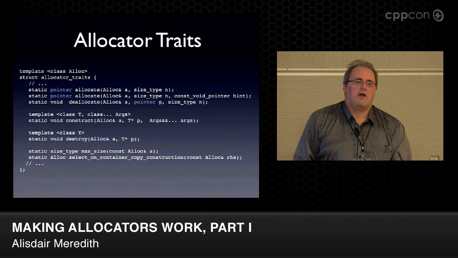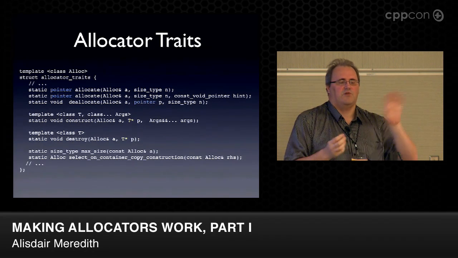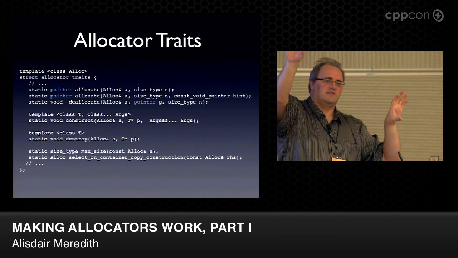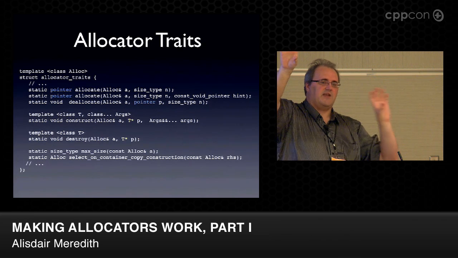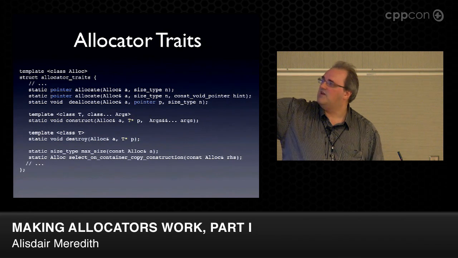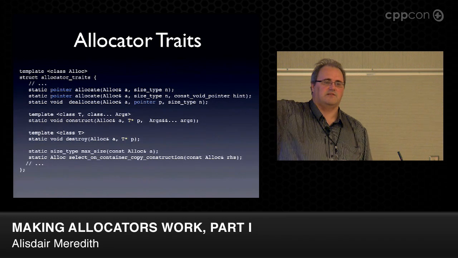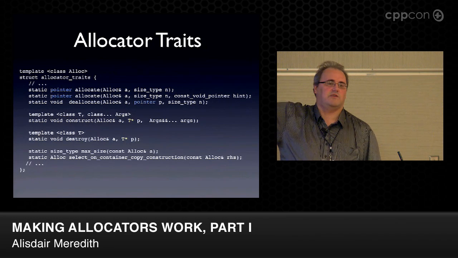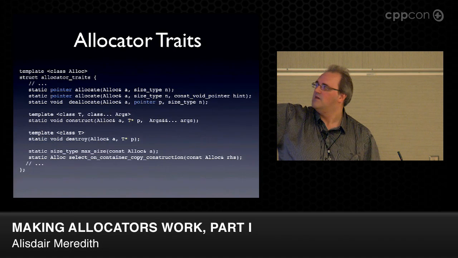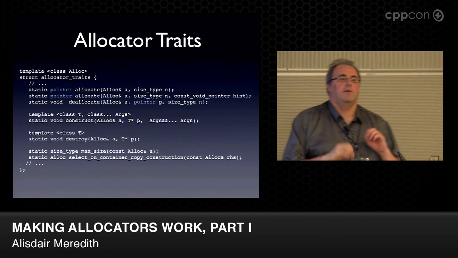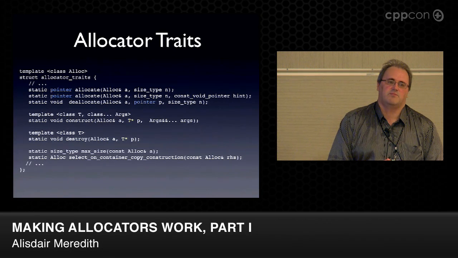The example I spoke about earlier with the shared memory allocator, where I want to make sure all the elements in that vector have the same allocator as the vector, means I'm going to interpose on the construct of the element to pass an allocator to the element in addition to the arguments that you gave me. So construct and destroy actually become interesting customization points in C++11.